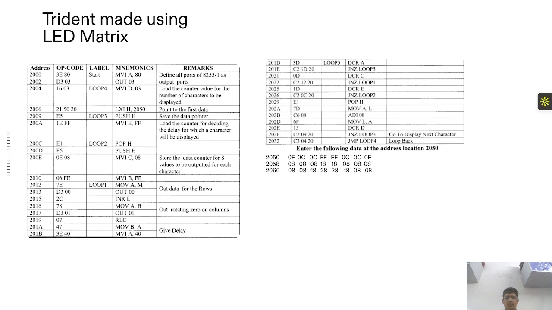This only changes what sequence of the LEDs I want to make glow. So for the Trident making, I've entered this data at the respective addresses 2050, and the remaining 2058 and from the address 2060 is for the other two weapons that I have demonstrated.